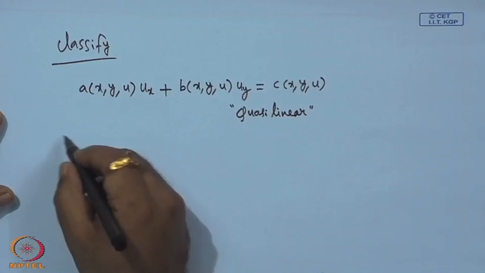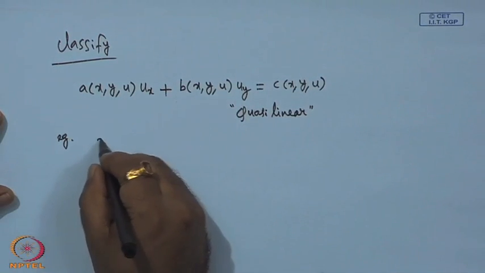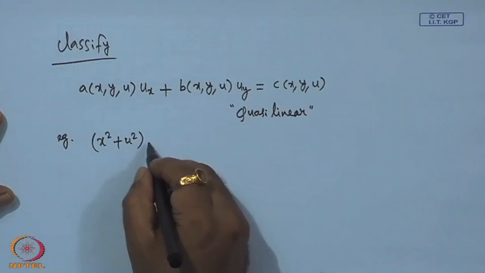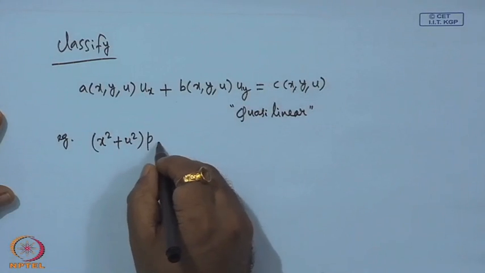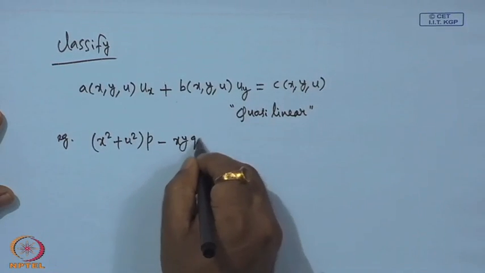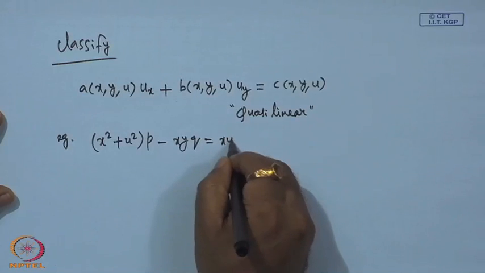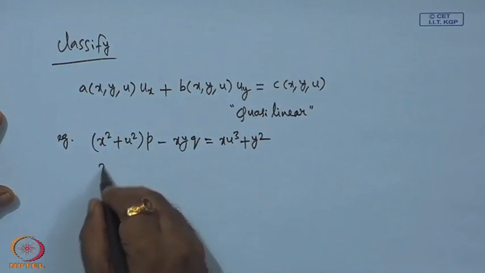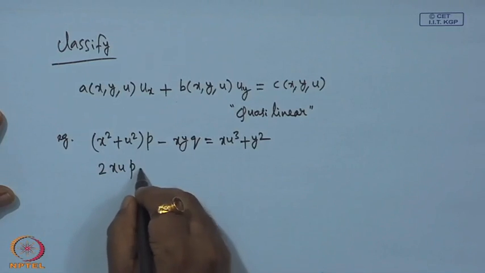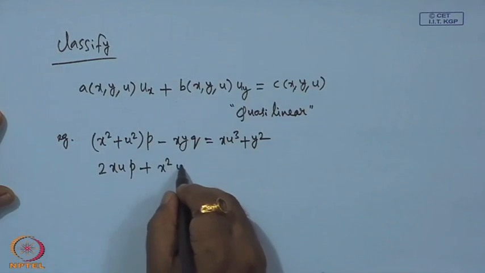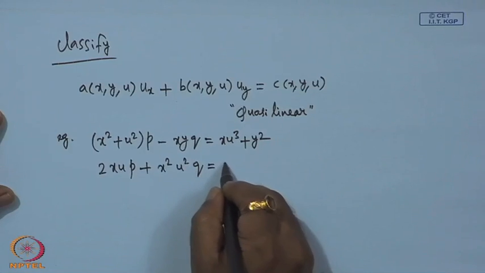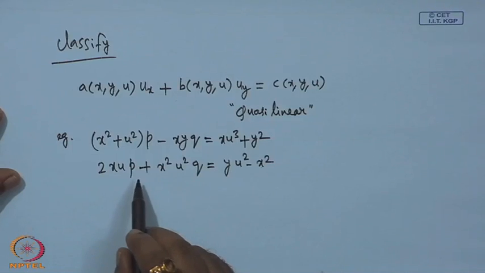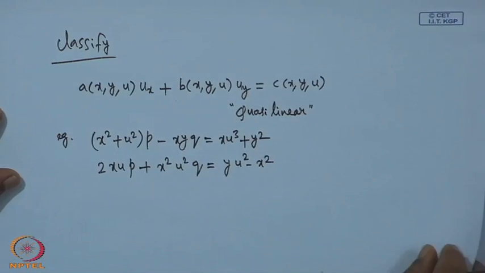So, examples, I will switch over to p, u x is p, q. So, these are examples of quasi linear.